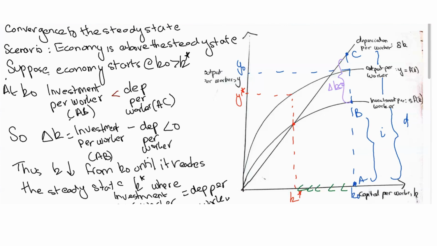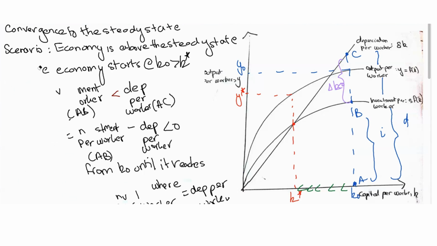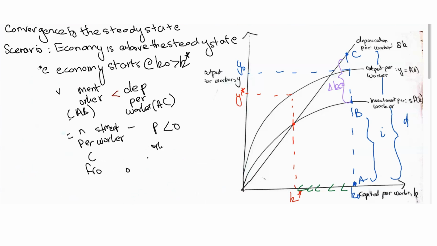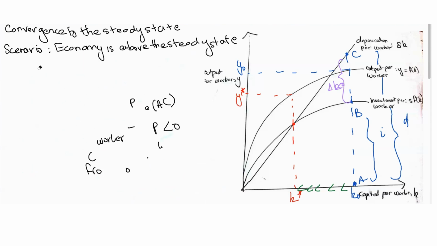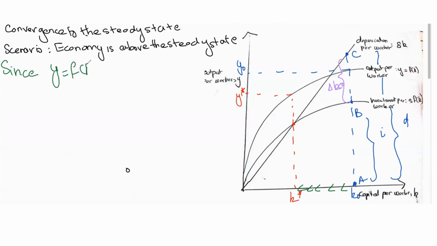So now let's see what happens to output per worker. For that analysis, we looked at capital per worker. Now let's look at output per worker as well. Since y is equal to f(k), y is a function of k, so output moves with capital.